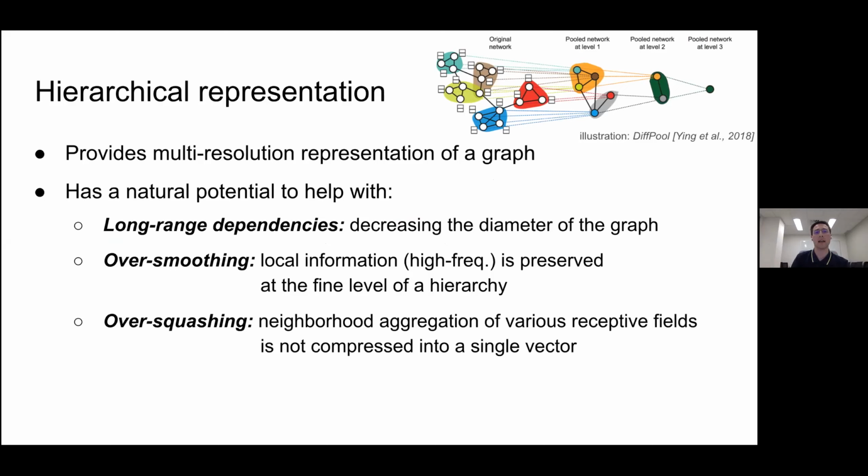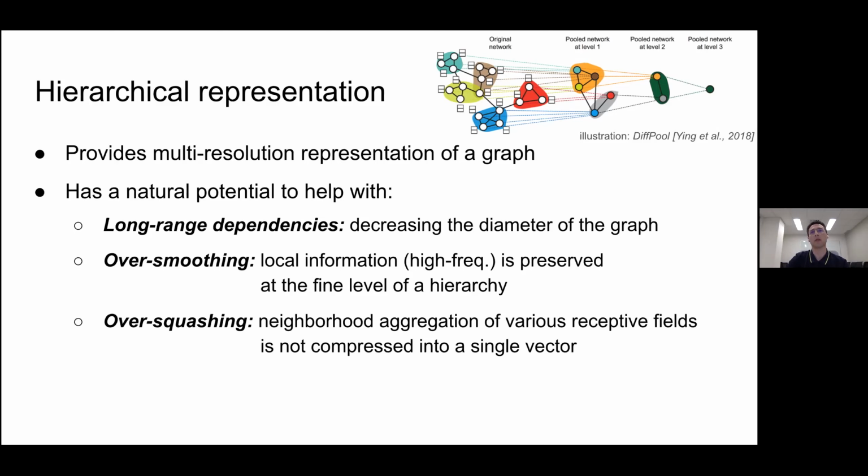And if it's a relatively sparse graph and we construct the hierarchy well, then the length of these shortest paths gets shorter. We can connect these nodes through the hierarchy with just log n hops. And so we actually need fewer message passing rounds to propagate the information.